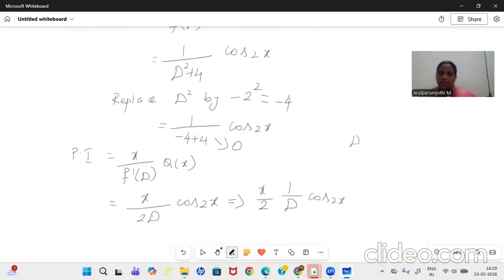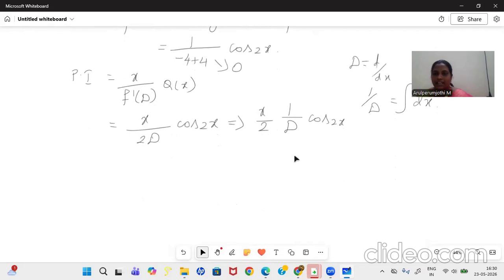First I'll tell you what is d. D is equal to d by dx. So 1 by d is nothing but integral of dx. Okay. So capital D is nothing but d by dx, differentiation. If it is 1 by d, then you have to integrate cos 2x dx.